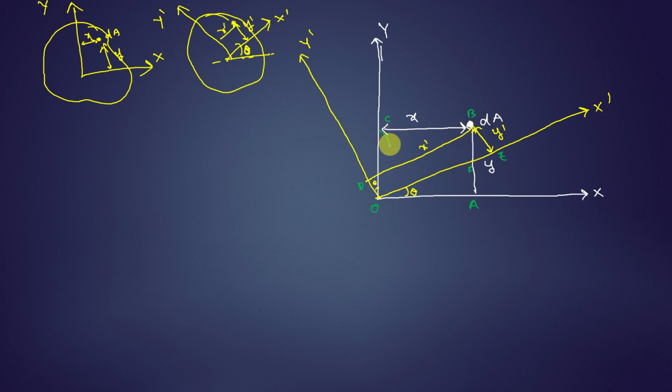Drop a perpendicular over here in order to form a right angle triangle. I will tell you why. Okay, so next is G, and one more thing here, H. So all intersections have points now, right?